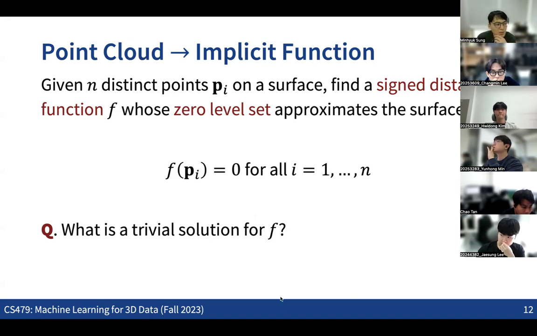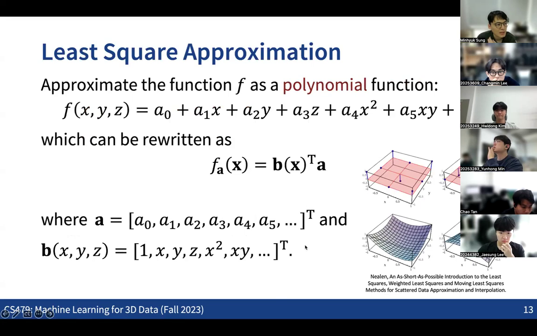One simple idea is that we assume that the function f is a polynomial function like this. We are assuming that the surface is locally represented as a polynomial function. So we are now approximating the function into this form, with some order of polynomial functions.